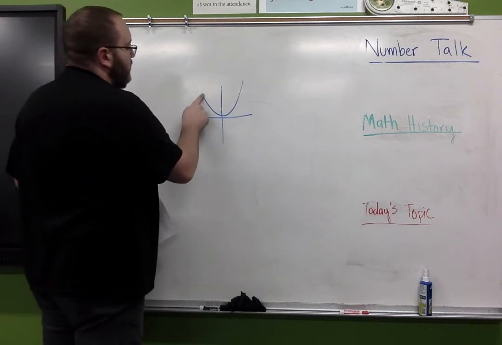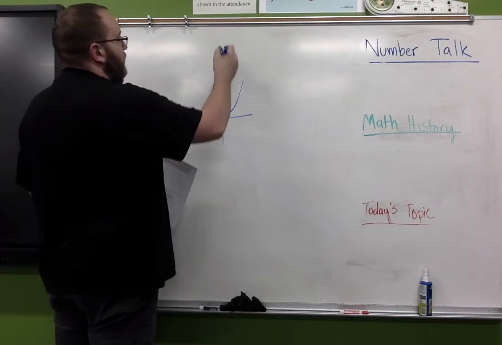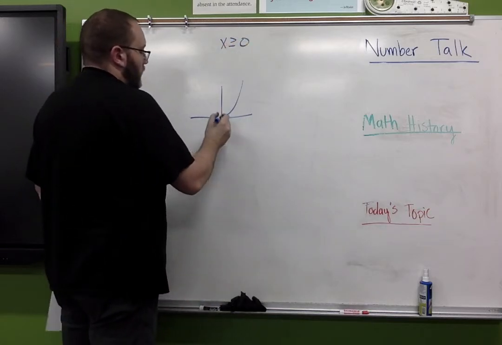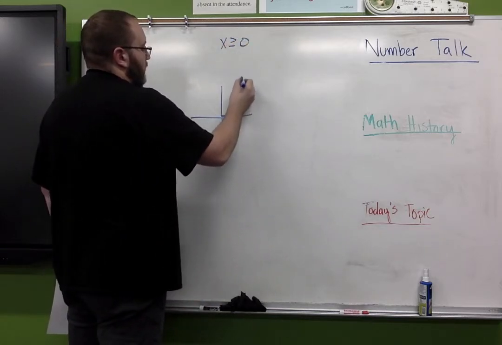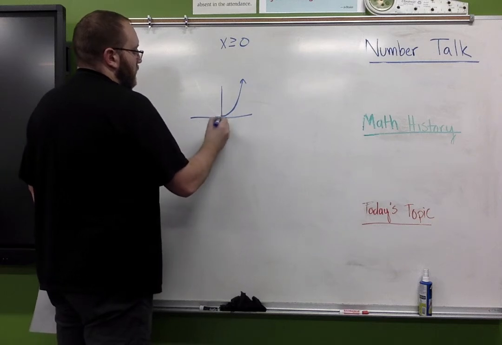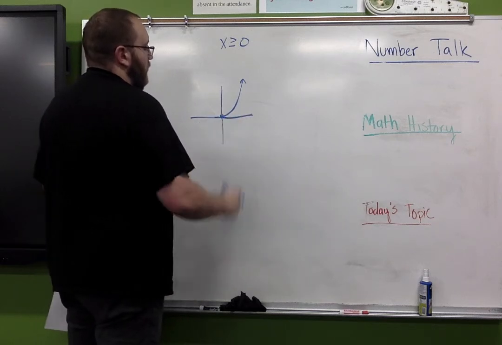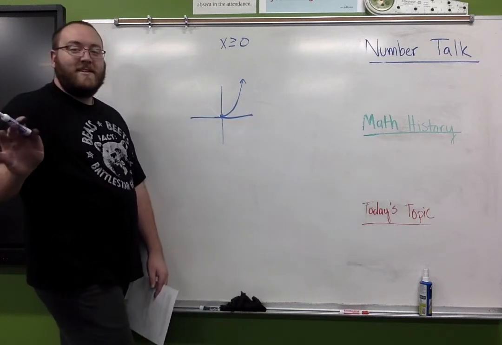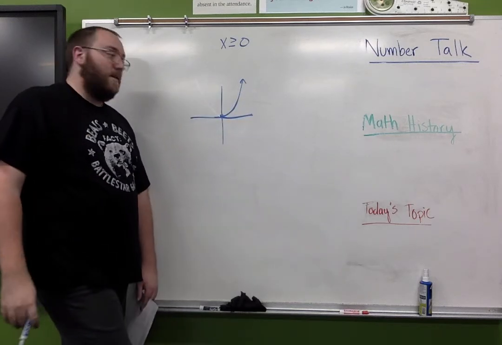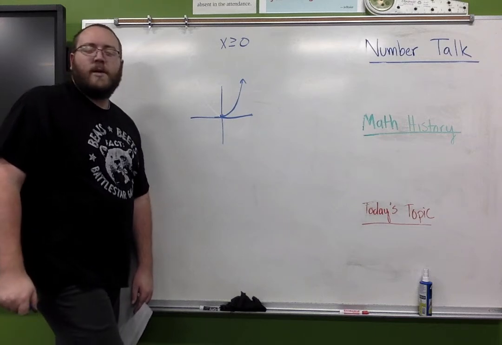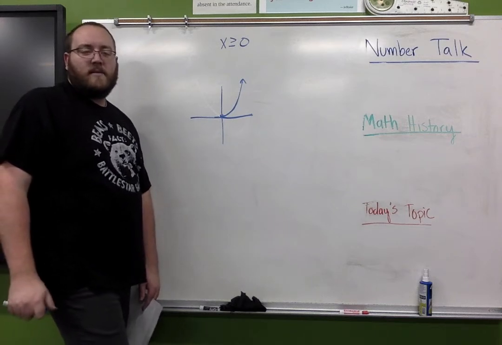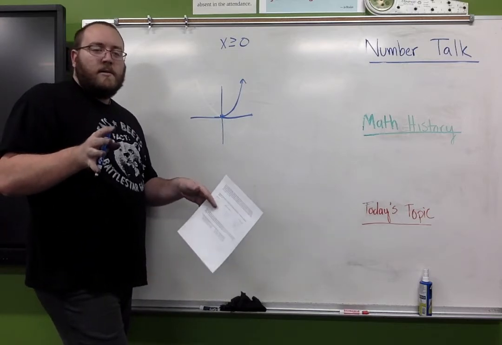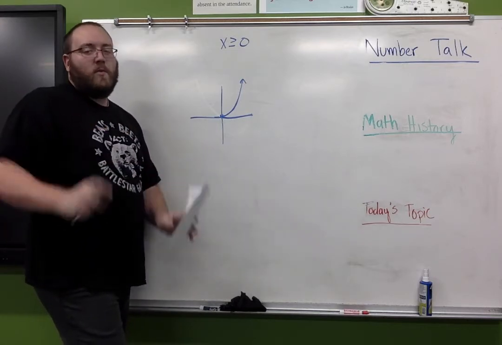I'm only going to use x values that are greater than or equal to 0. So that's this side of the graph. Well, now if you do the horizontal line test, it only crosses once. So now you can have an inverse of that function. Okay, so that's what we end up doing to bypass that definition, is we restrict the domain enough to where we do have a one-to-one function.